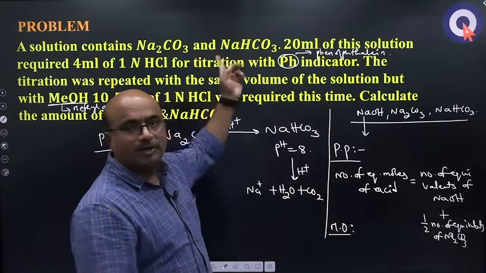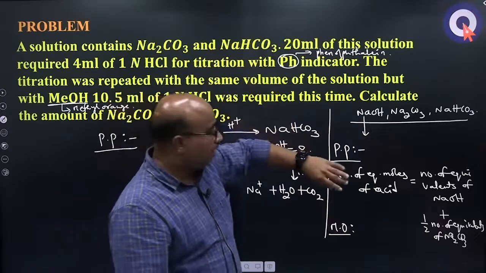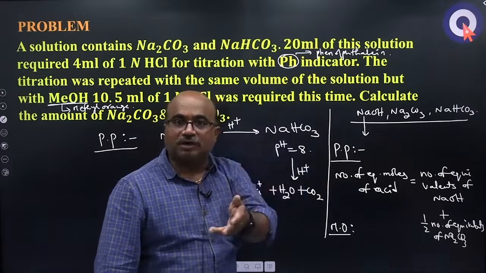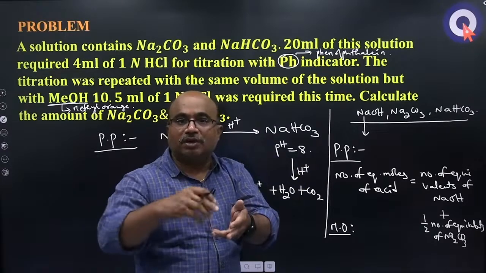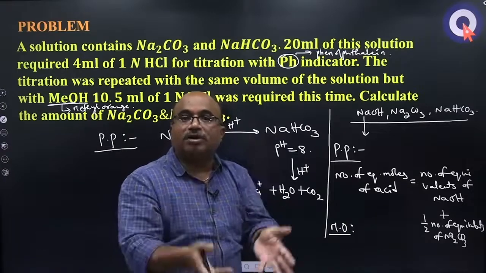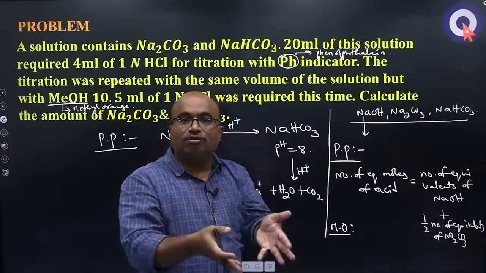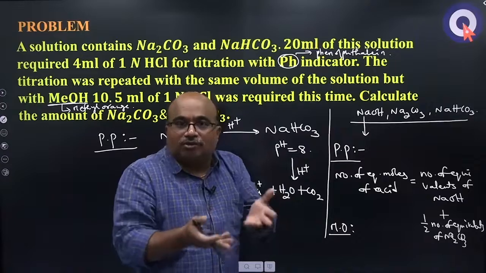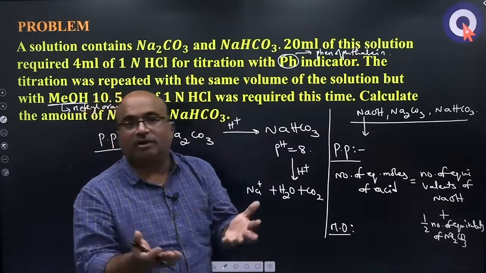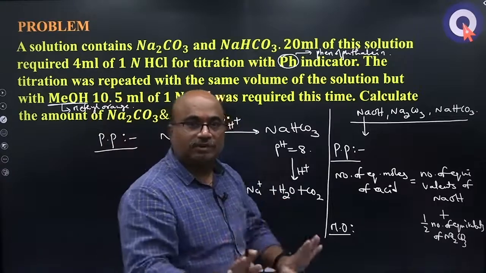I will come to this problem later. When half of the Na2CO3 is already neutralized and you add methyl orange, the acid we consume is only used for the remaining half of the equivalents of Na2CO3 and the total equivalents of sodium bicarbonate.